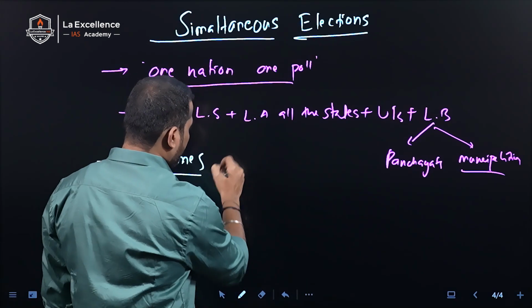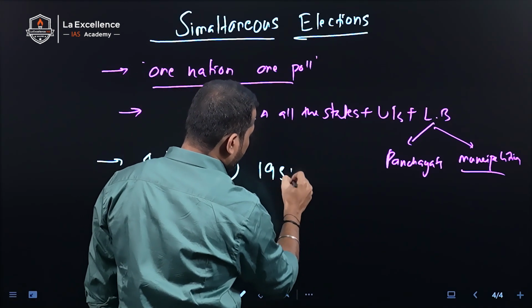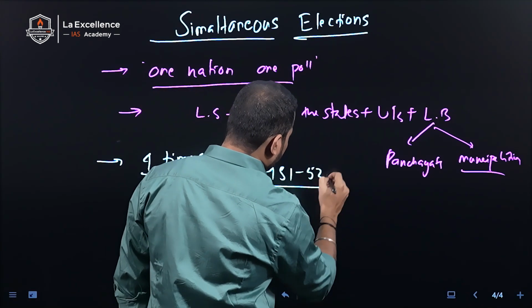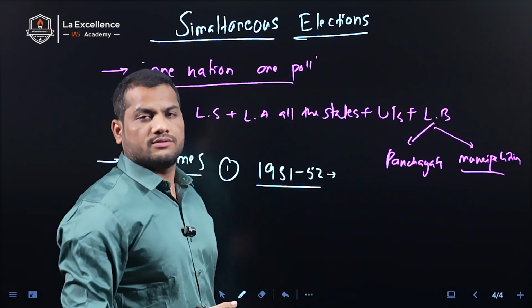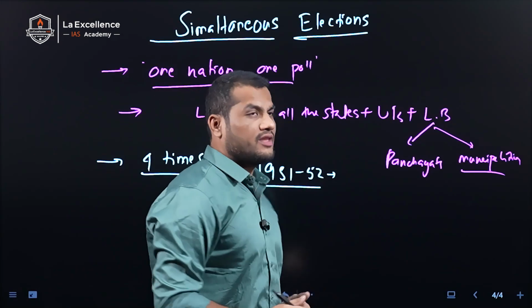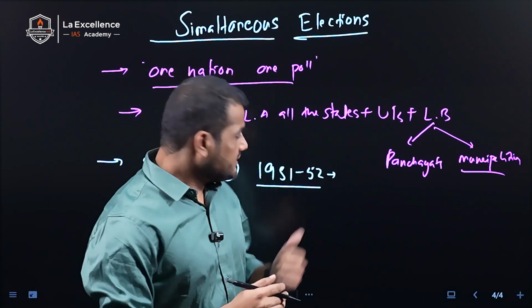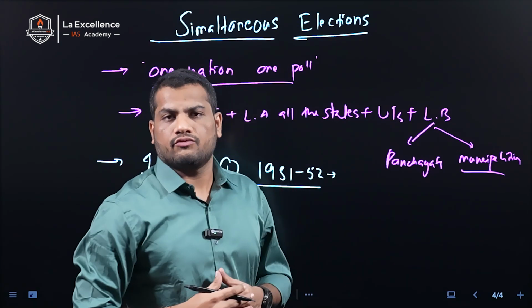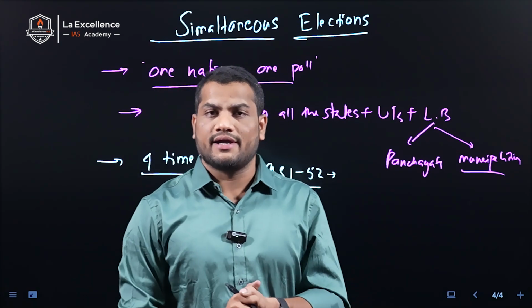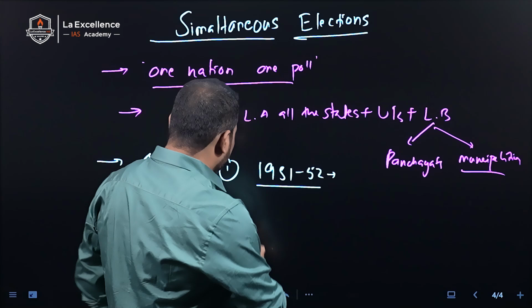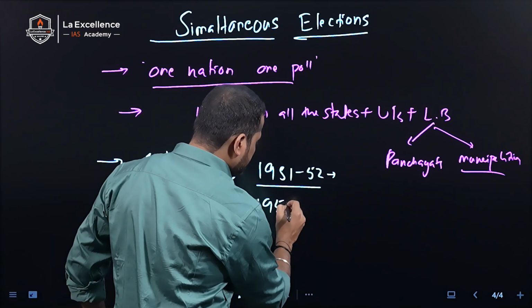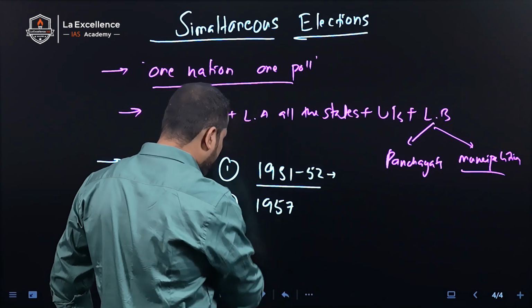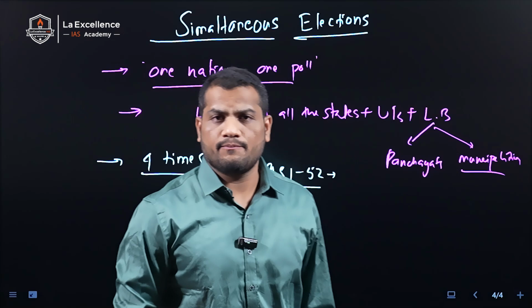First time in 1951-52, when we got independence, this is the first time the country went for election. This time, the elections were held together for the state assemblies and also for the central government. After that, in 1957, after 5 years, simultaneous elections were conducted again.